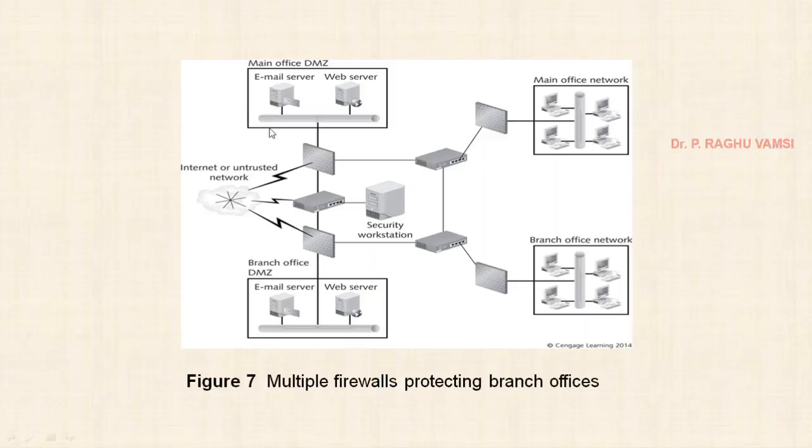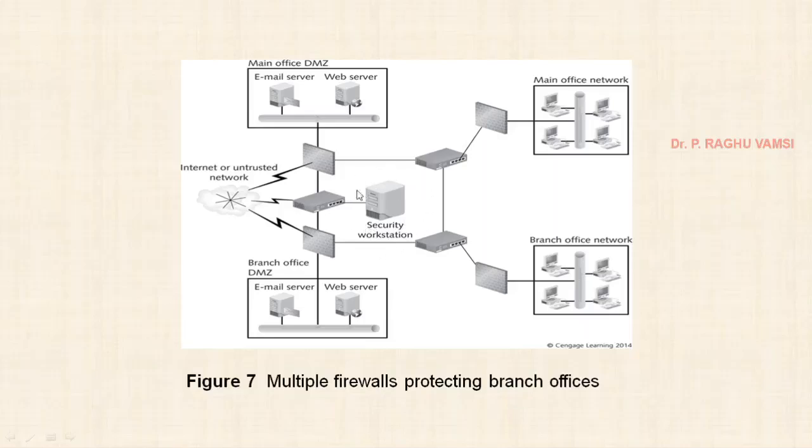So here the traffic is coming from the untrusted network, and here this is the firewall and screening router and another second firewall. So this screening router will decide which traffic has to pass through which firewall, and this screening router is attached to the security workstation. Here this is the centralized security workstation.